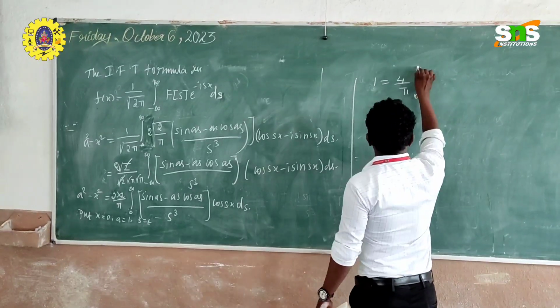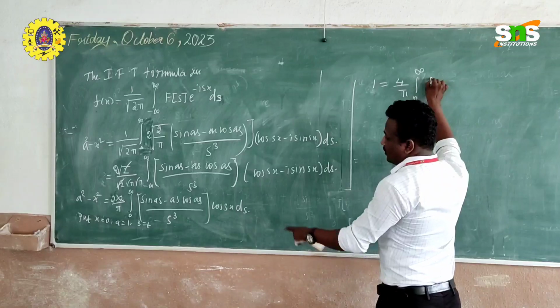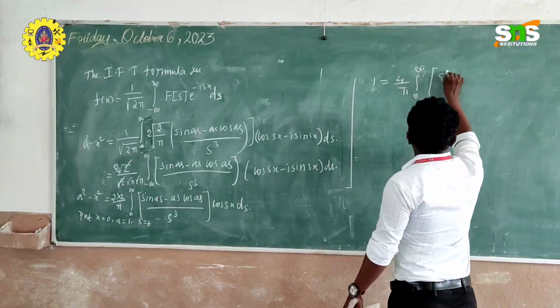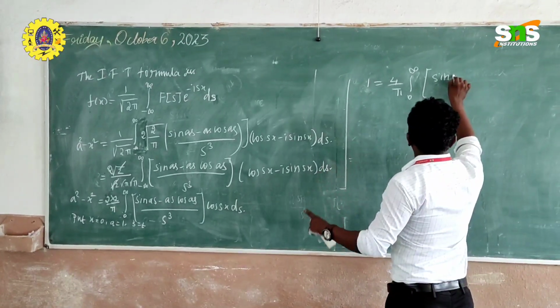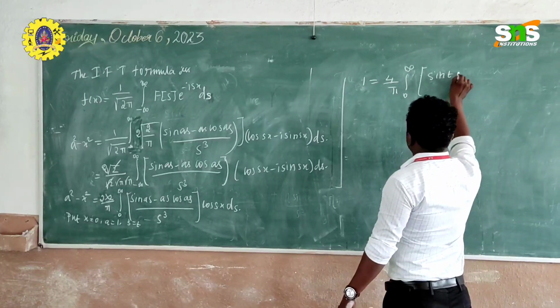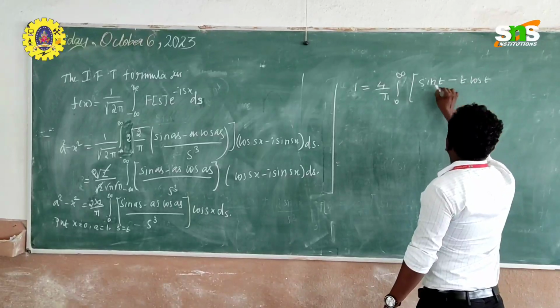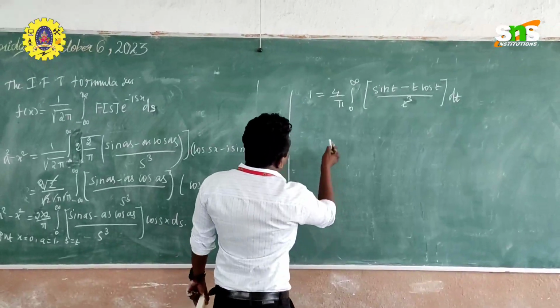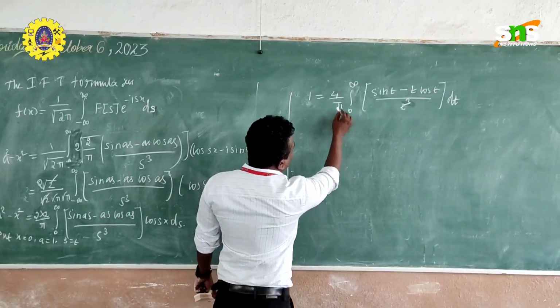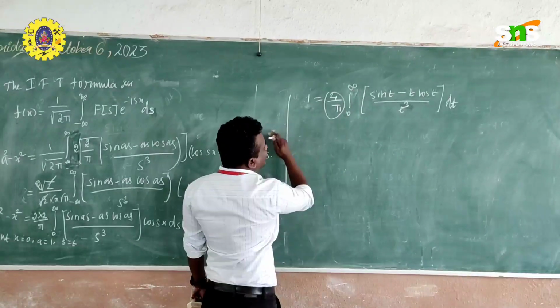Then integral from 0 to infinity. What is the value? sin a, a value is 1, s value is t: (sin t minus t cos t) divided by t cube. Now this 4 by pi can be transferred to this side.